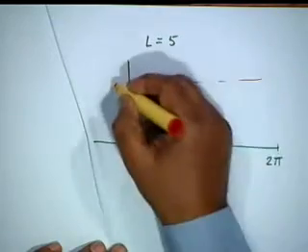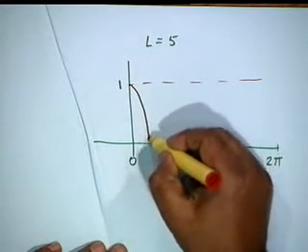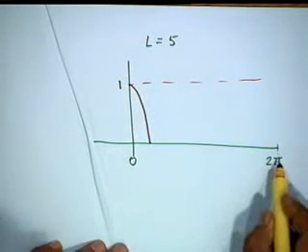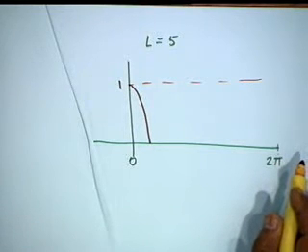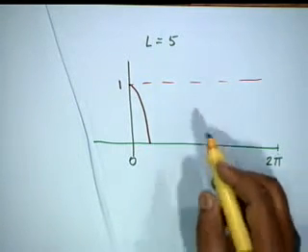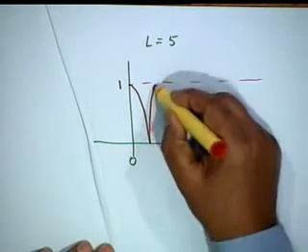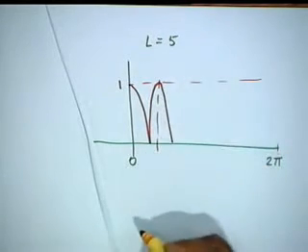So, it starts from 1, all right, it comes to 0, then in between 0 to 2 pi there shall be 5 frequencies, R equal to 0 to 4, that means total of 5. 5 frequencies at which the magnitude will be 1. So, it will look like this.